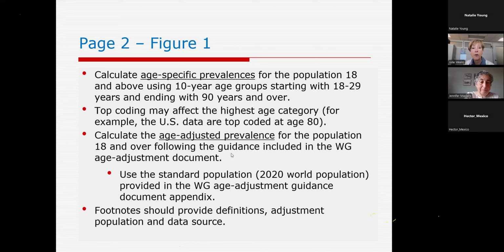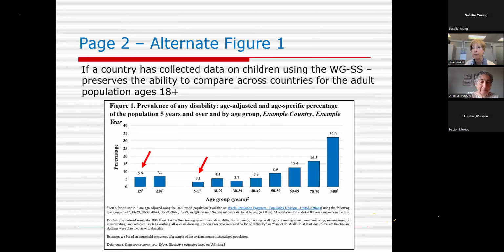And then for that overall estimate, that will include some age adjustment of that prevalence of that population using the standard 2020 world population. We'll talk a little bit about the guidance that is available to do that. And then anything that is related to your data source in terms of definitions or specific issues that need to be called out would also be included around that in the footnotes.